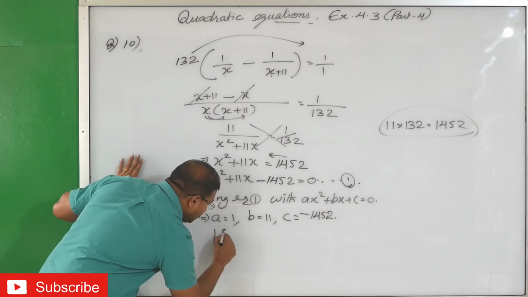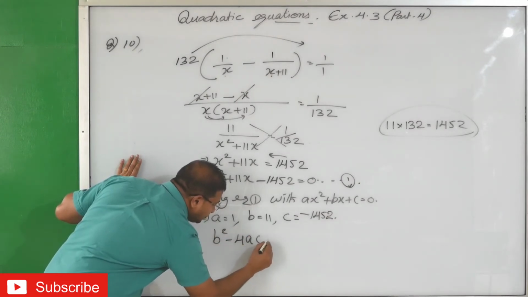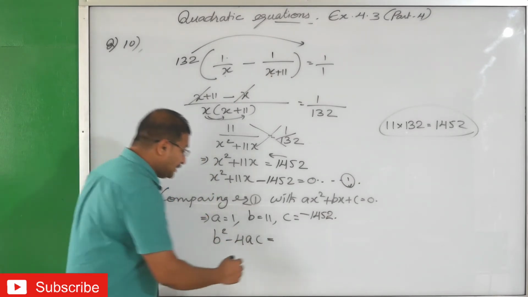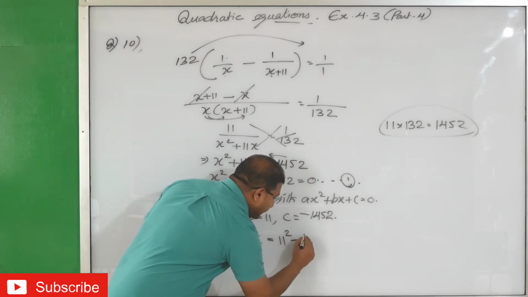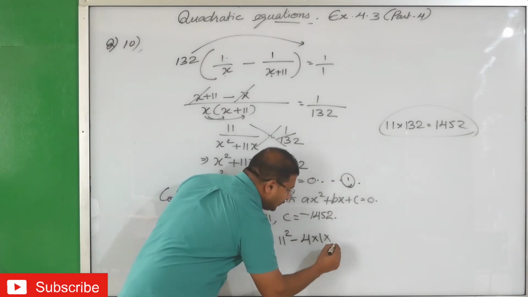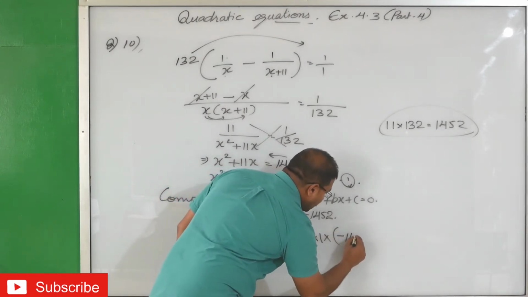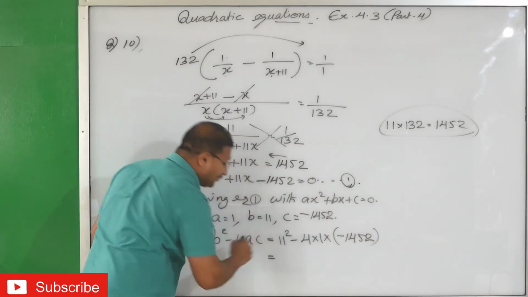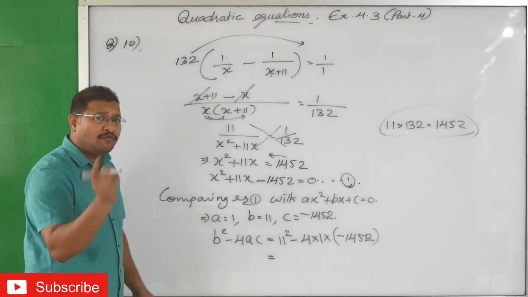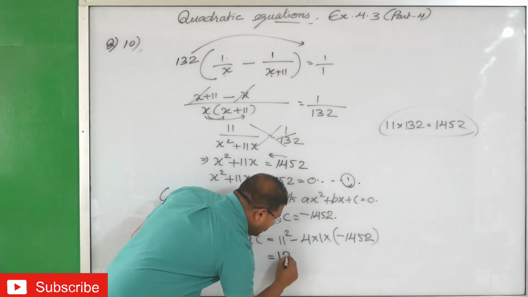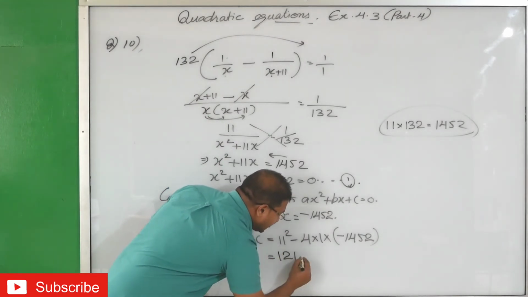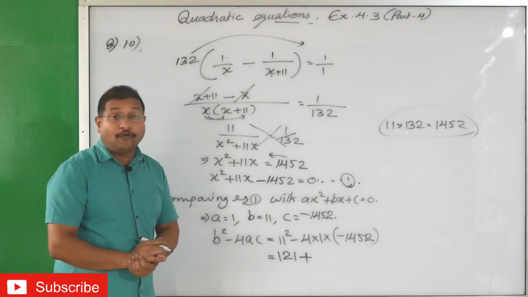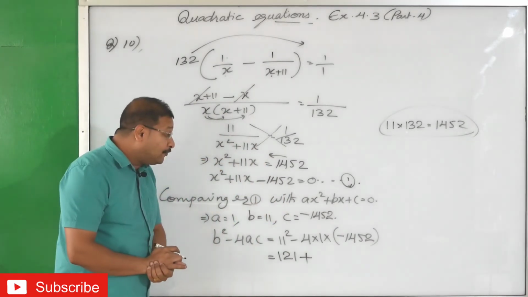Now what you will do? b square minus 4ac equals, the value of b is 11. So 11 square minus 4 into a is 1 into c is minus 1452. 11 11s are 121. So we will write 121, minus into minus plus, 4 into 1452.